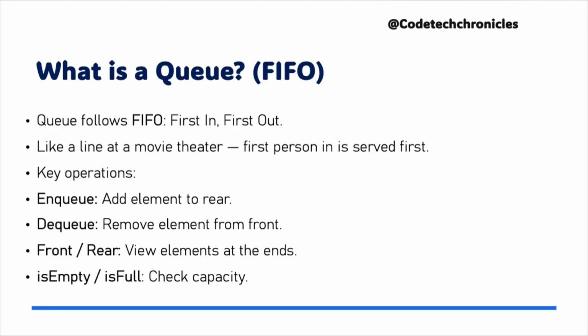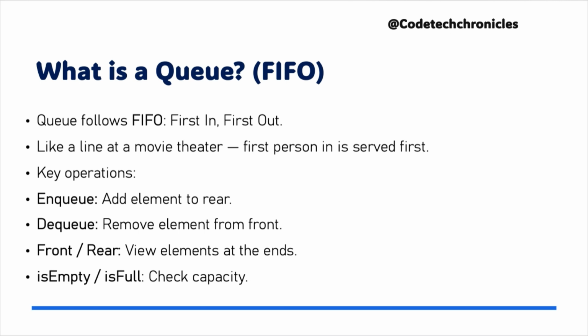What is a queue? A queue is a FIFO structure. Queues operate in the opposite manner. They are fair and follow the first come first served policy. Some key operations are enqueue, add an element at the rear; dequeue, remove the front element; front and rear, view the respective ends of the queue; and is empty or is full, useful in fixed size queues.